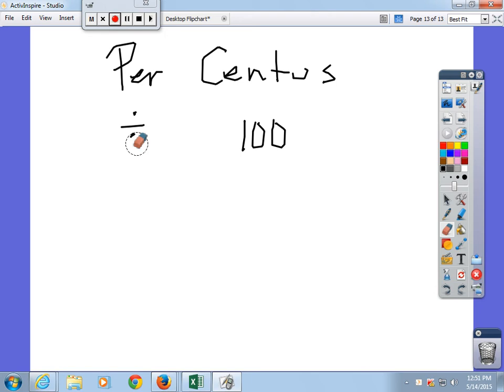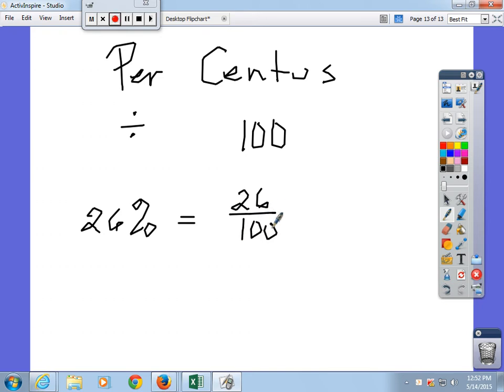So if I give you 26%, that's equal to 26 over what? And then I made a fraction, or I can make it a decimal by saying what? There you go. So you can rewrite a fraction as a decimal, decimal as a fraction, fraction as a percent, and so on.